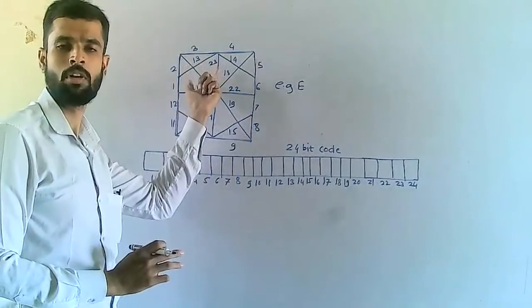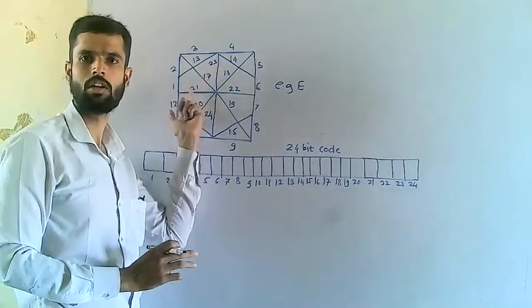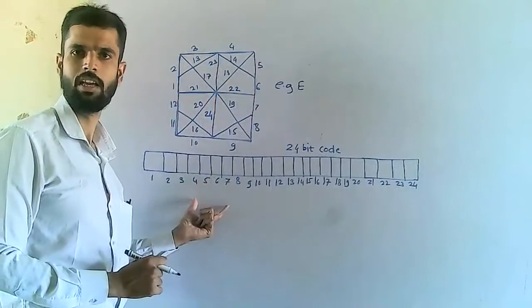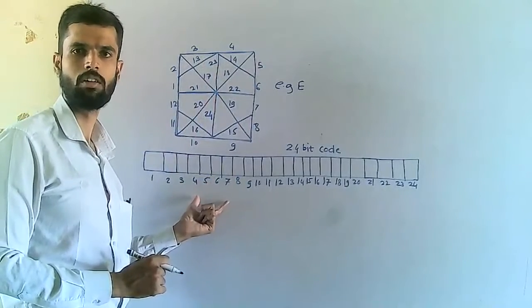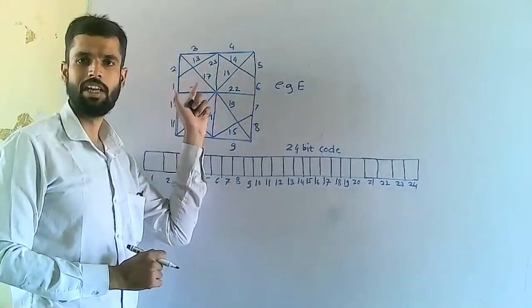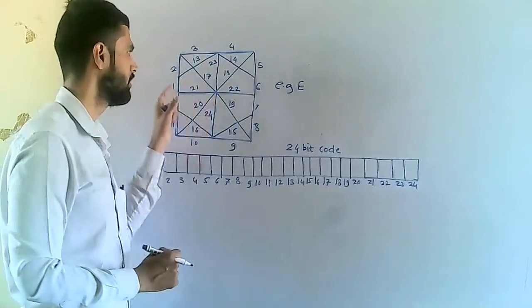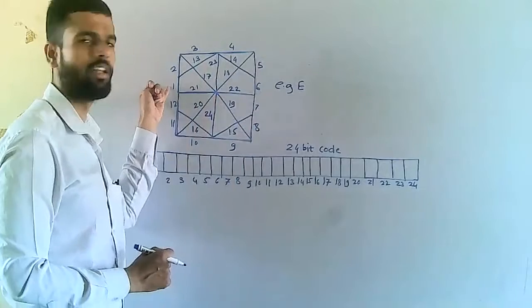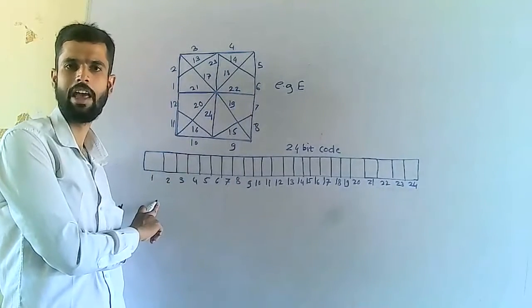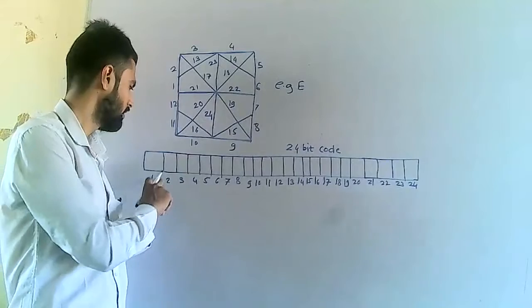So just take the numbers of the particular line segments and represent them here in the binary format. Okay, that means the numbers we take from here. Suppose I take line segment number 1, then I have to represent it here as 1.